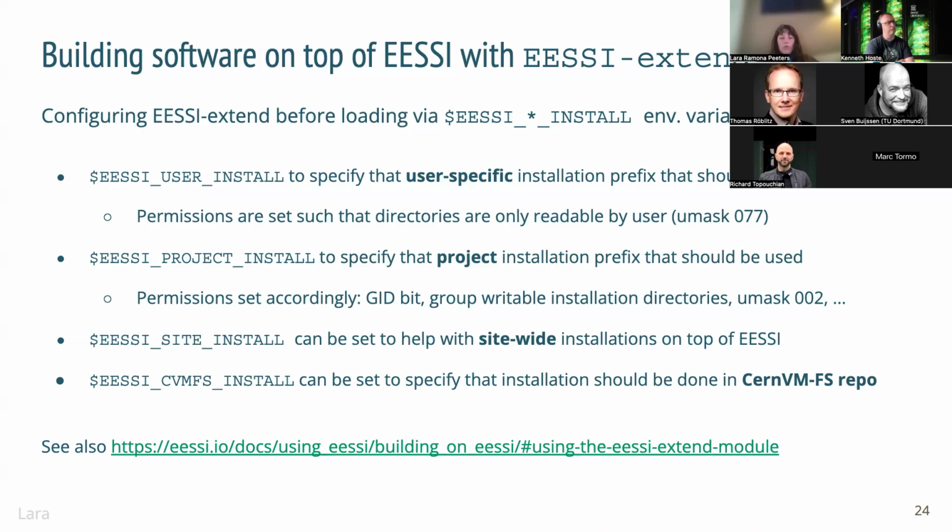There is also EESSI project install, which will make it more available to different users via group writable installation directories. And then we also have one for site-wide installations. So if you want to make software available for all your users at your site, you can use this one. If you have your own CVMFS repository, which you will use to build software on top of EESSI, then you can also set EESSI CVMFS install. To get a closer look on all this stuff, you can check out our documentation using the EESSI extend module.